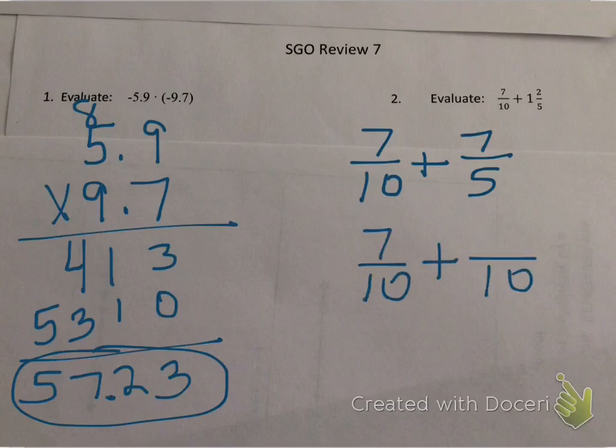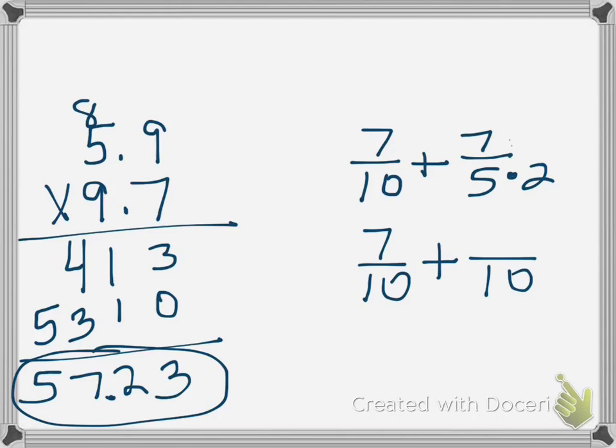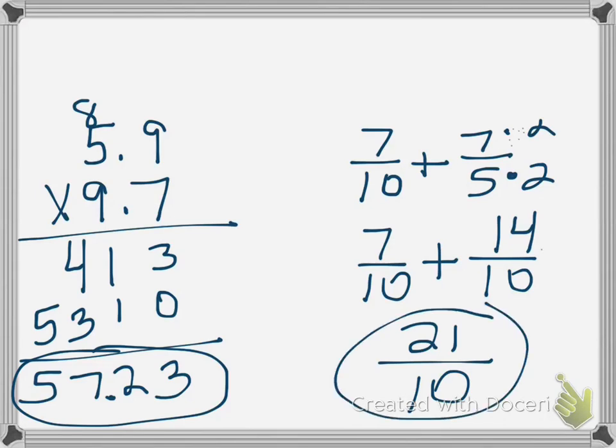So 10 would be a common denominator. 5 times 2 is 10. So 7 times 2 is 14. 14 plus 7 is 21 over 10. And I could leave it just like that as an improper fraction.